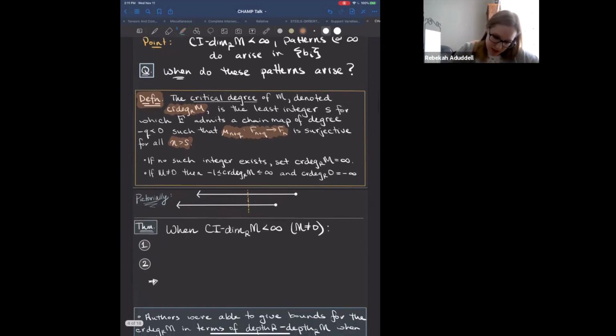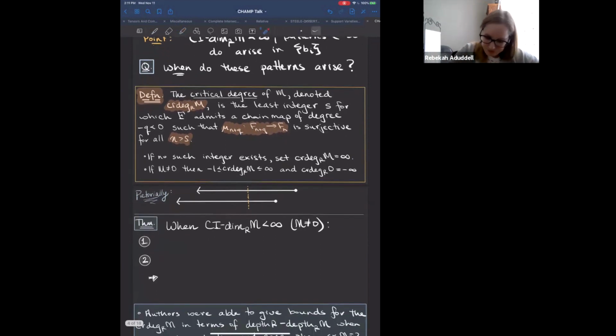If no such integer exists, we set the critical degree to infinity. For all non-zero modules, the critical degree is between -1 and infinity, inclusive, and the critical degree of the zero module is negative infinity.